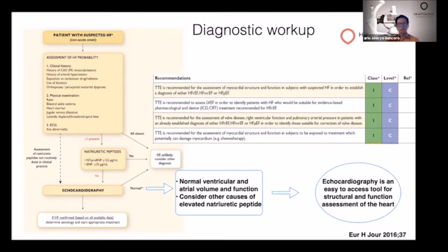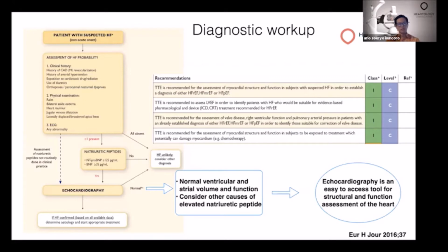We need to gather information from the clinical examination and simple examinations such as EKG, which is basically mandatory. And then if it is routinely conducted, you can have a laboratory check, such as natriuretic peptide. But if you don't do that routinely in your clinic, you can go straight to the echocardiography.